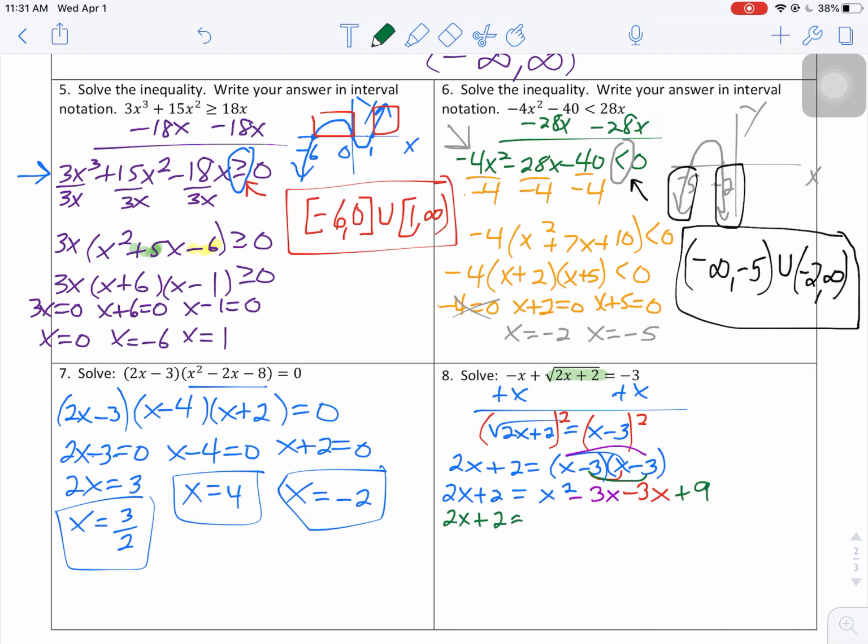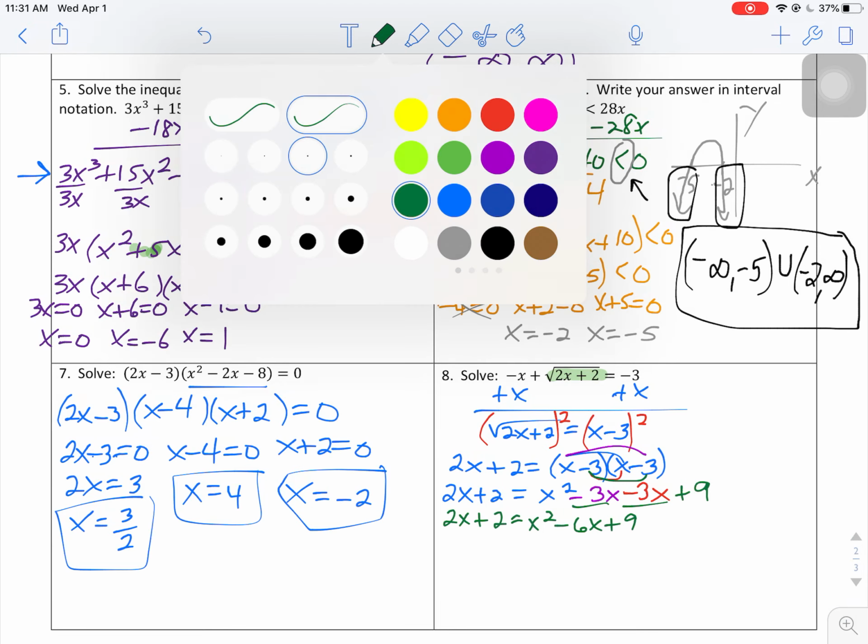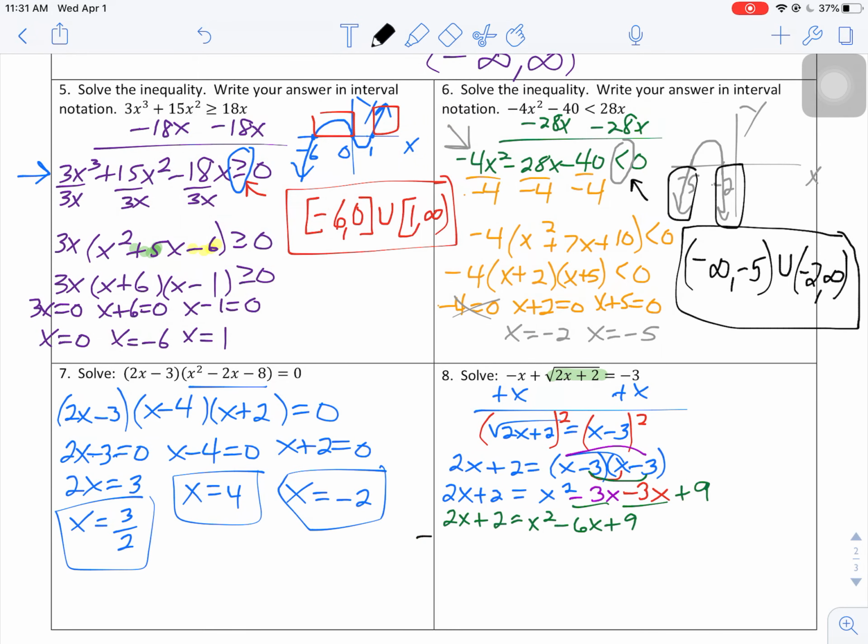Let's go ahead and combine our like terms on the right side. So negative 3x minus 3x is negative 6x. Drag down the plus 9. And then since we have x terms and x squared terms, we want to get everything on one side equals 0. So we want to subtract 2x and subtract 2 from both sides of the equation.